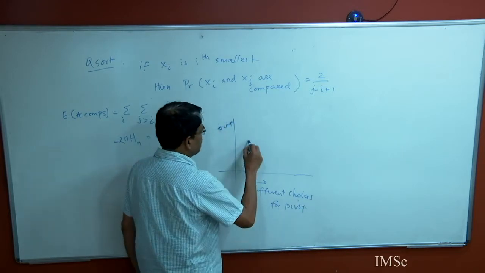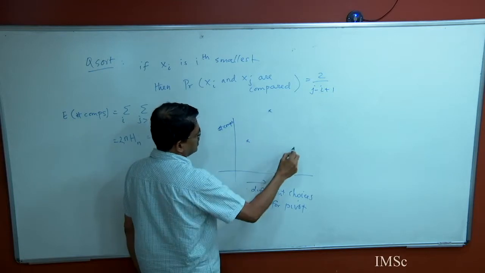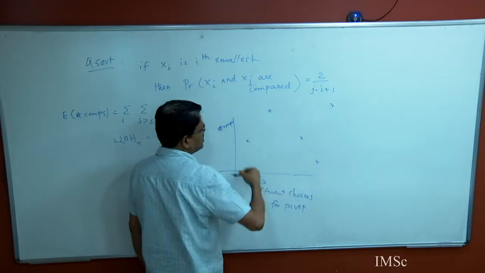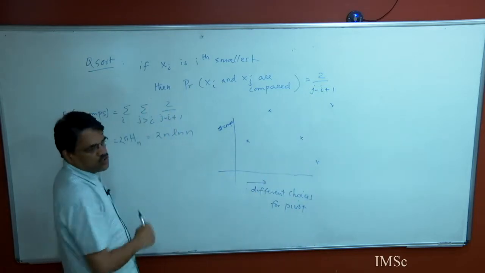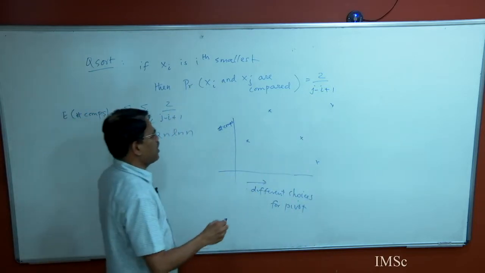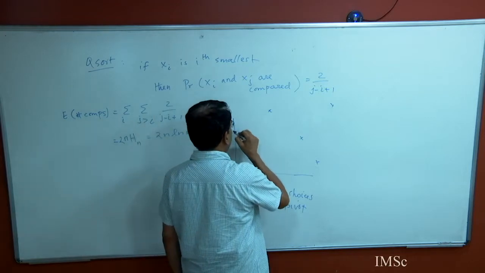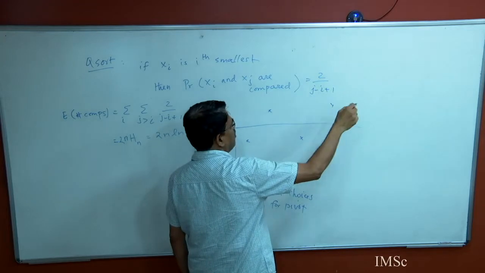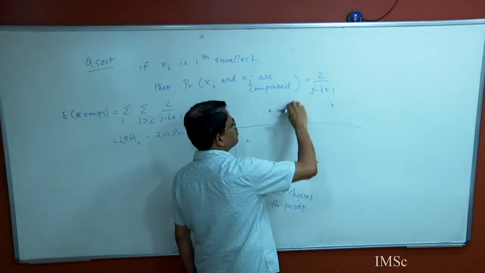For some choice, maybe the algorithm takes this much time. For some choice, it takes this much time, maybe this. And what we are saying is this average is 2n log n. Now I want to go a little bit more and say, how often does it take really much more than this?